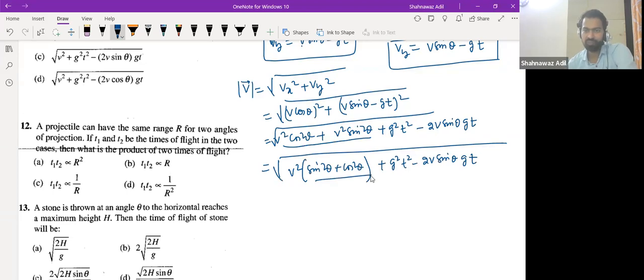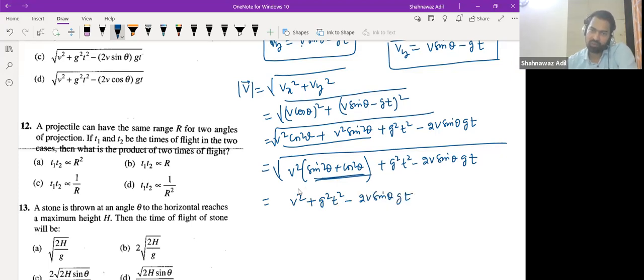In here we can, but that is not necessary, because this will not simplify things. So what is sin square theta plus cos square theta, guys? 1, right? So this would be V square plus g square t square minus 2 V sin theta gt.